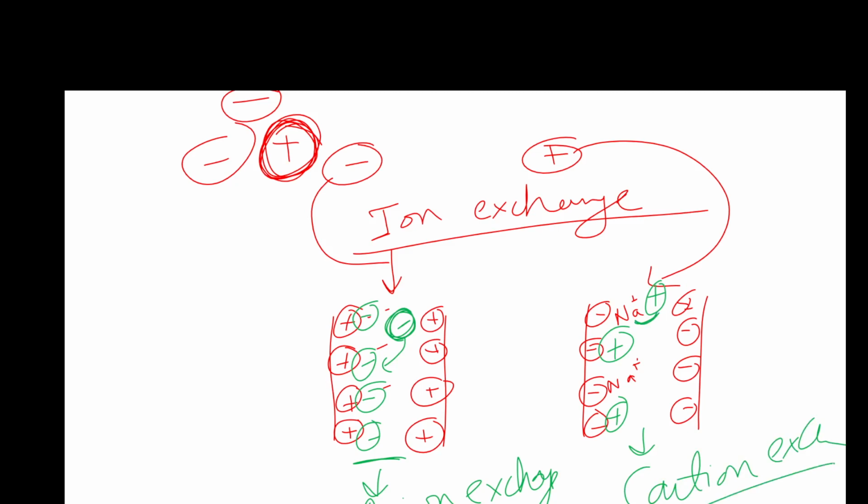In anion exchange chromatography the exchange of anion is happening, and for that purpose your matrix is positively charged, and in cation exchange your matrix is negatively charged. So whatever the exchange chromatography is, the opposite charge will be on the matrix in the column.